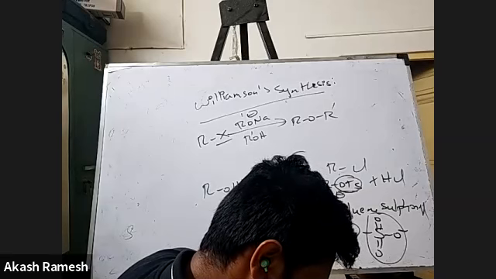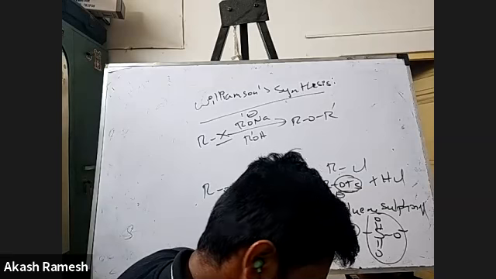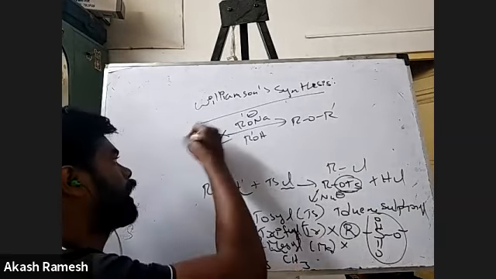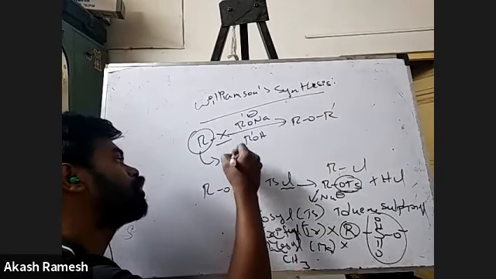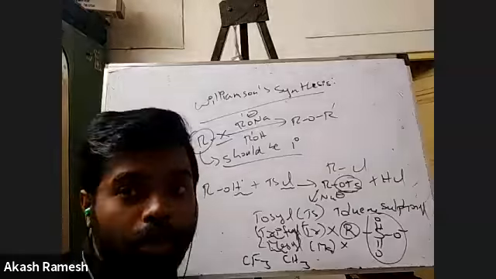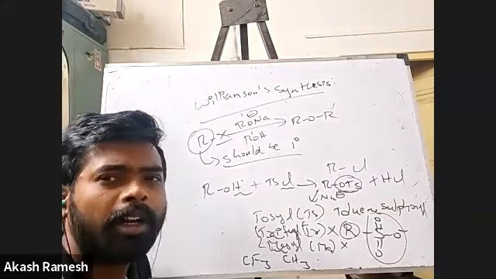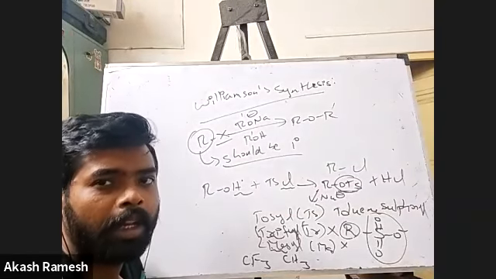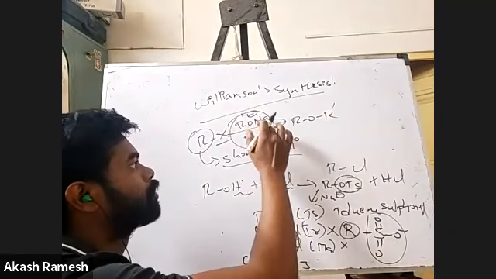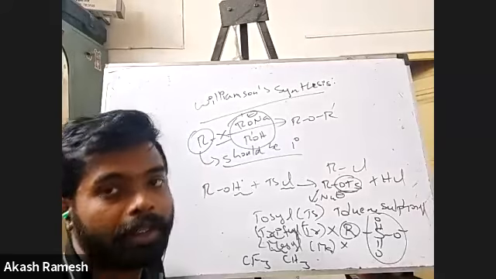Okay, so the thing is, the R which I have here should be primary. Now why is it like this? You can easily understand this can act as a base also. RO minus is a good base.